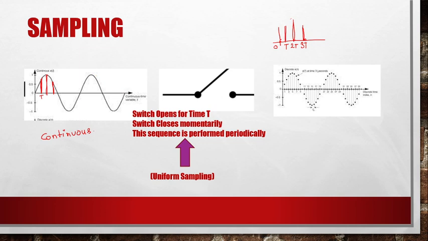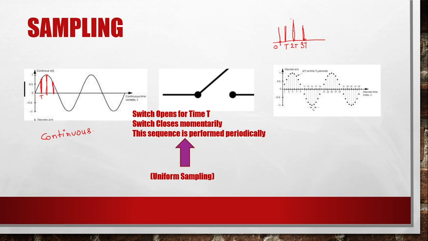Now I am breaking it: sometimes I don't allow the signal to pass through the switch for certain times. So I am cutting off certain times, and I am getting certain sampled values with respect to time.